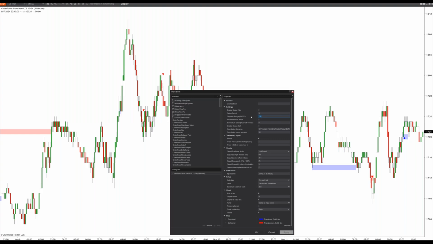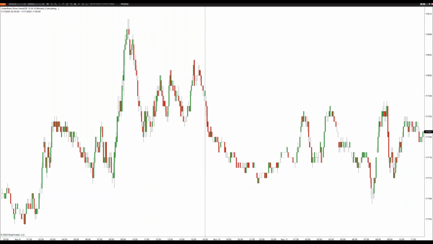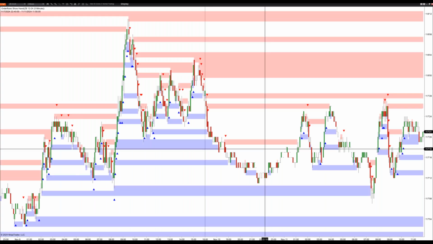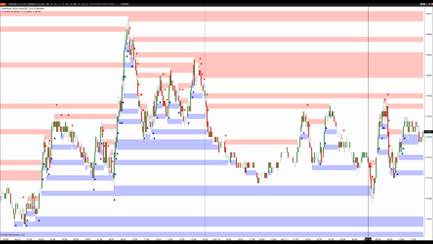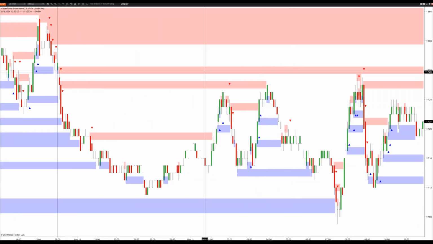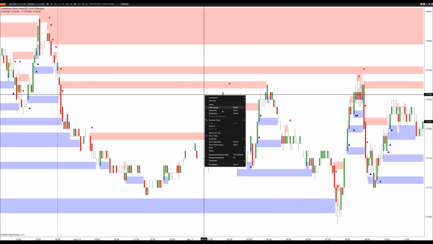Anytime I'm testing a new market, I would drop the disparity range down to the lowest. I'll turn off any filters I've got on. I would still keep the trade entry signal, but I'd probably make it 1 and 3. And again, starting at the lowest range, 50, that's probably too low for me, but it's a starting point.